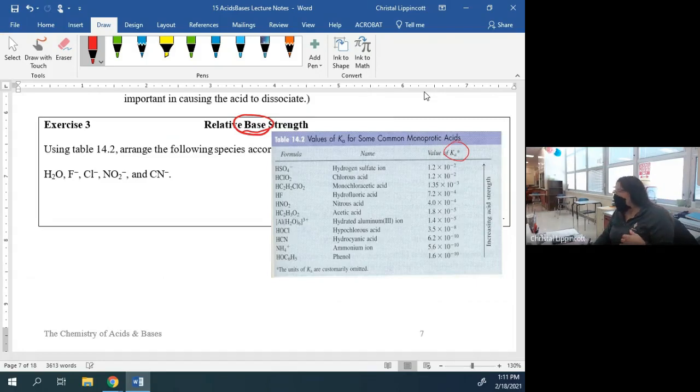Or we could just look at this and realize that if we have a strong base, then we have a weak acid. And if we have a strong acid, we have a weak base. So if we identify these from strongest acid to weakest acid by using the Ka value, then that would order it from the weakest base to the strongest base then, right? Does that make sense?